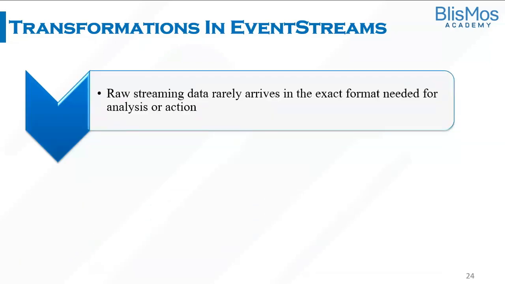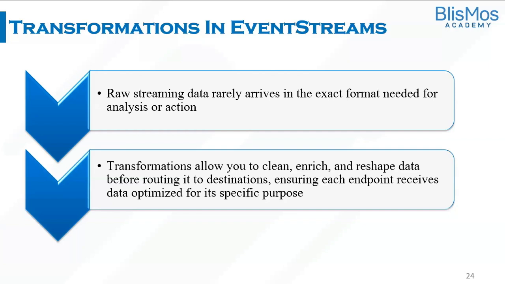Now, when we talk about the data emanating from the different sources, it will not arrive in the exact way the destination needs it. That is where we need a transformation. Transformation, as we have already discussed, is converting the data from one format to another as per the business rules.